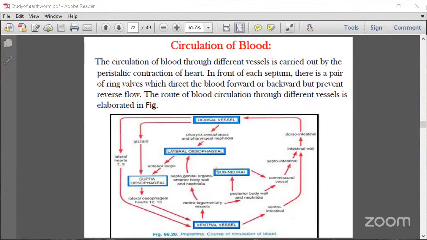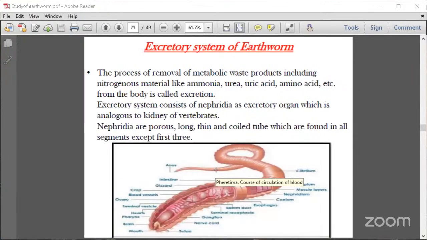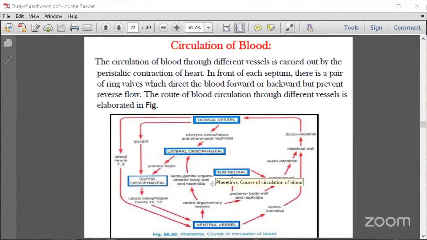So it happens like a circulatory system. From the dorsal vessel to the gizzard and internal heart, 7 to 9.